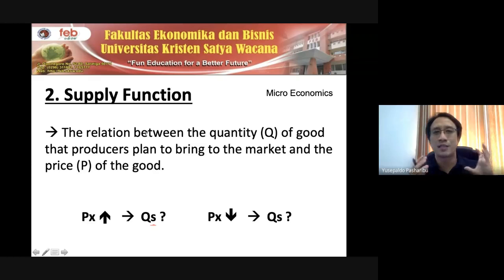So for the supply function, pretend that you are a seller or producer. If the price goes up, sometimes it means the product is very, very popular at that time or trend.